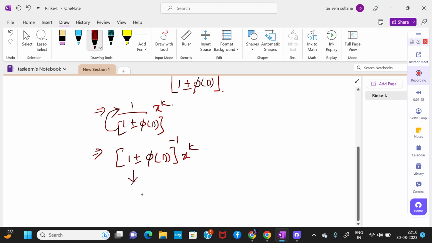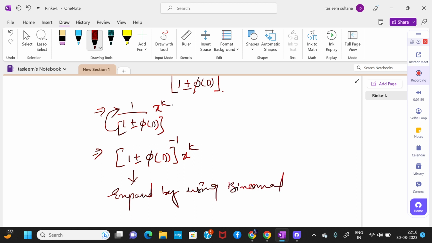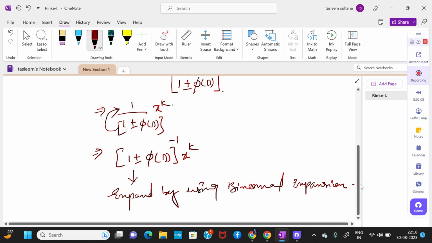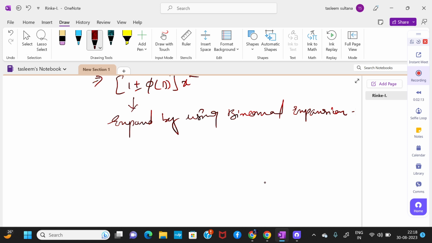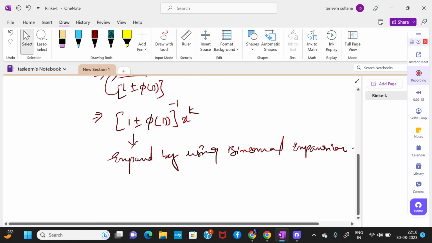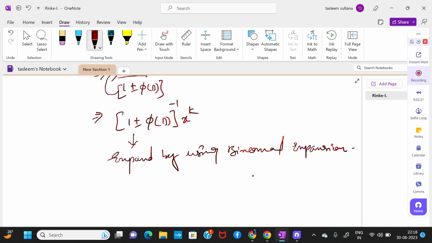You're going to expand this one by using binomial expansion. Then after that, you have to operate this x to the power of k to each and every term of that bracket.